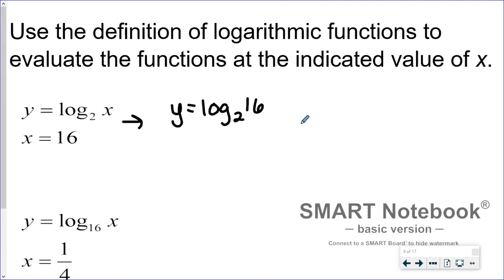This is in logarithmic form, so let's put it in exponential form. It tells me that 2 to the y power is equal to 16. Well, 2 to the first power is 2, 2 squared is 4, 2 cubed is 8, 2 to the fourth power is 16. So I know that y has to equal 4.